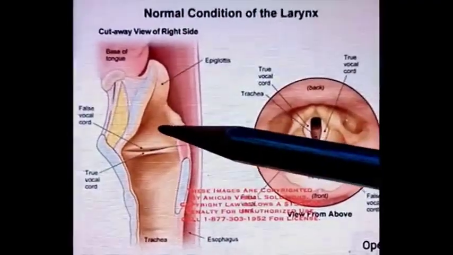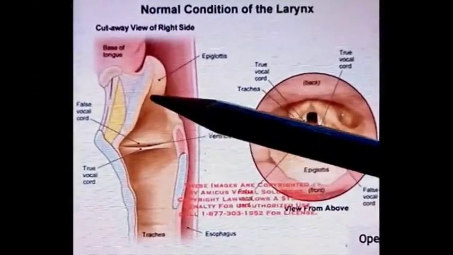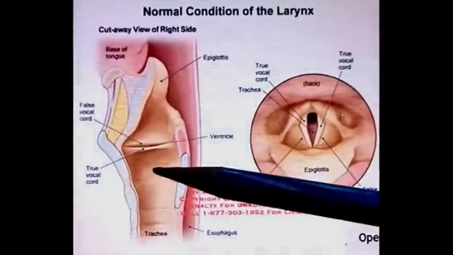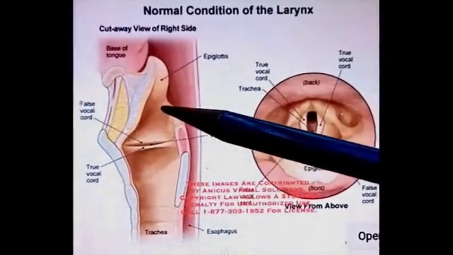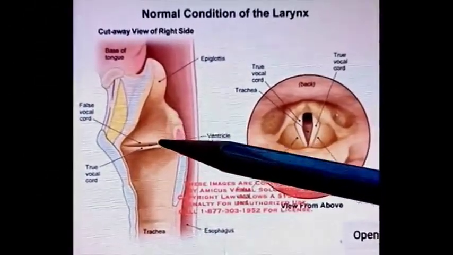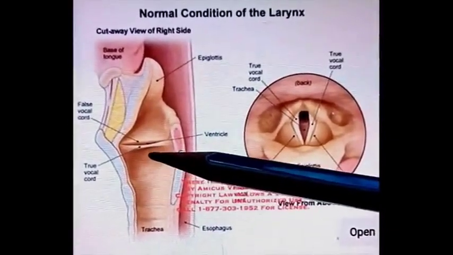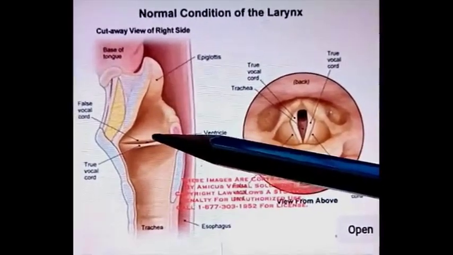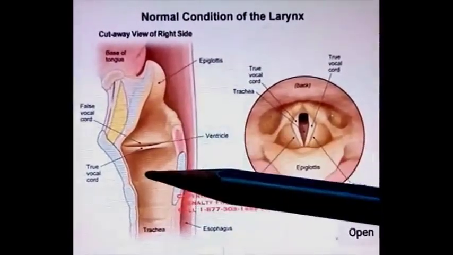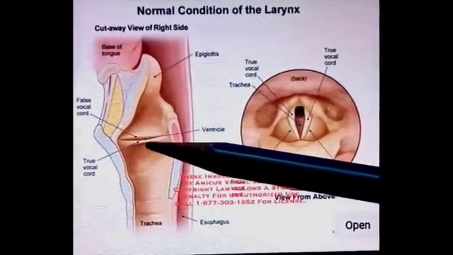The cavity of the larynx is lined by mucous membrane. So this brown colored lining is the mucous membrane of the cavity of the larynx. The mucous membrane forms two folds within the cavity. Here we can see the two folds on the right side, and in the same manner the left half of the larynx, which is cut, also has the same two folds.